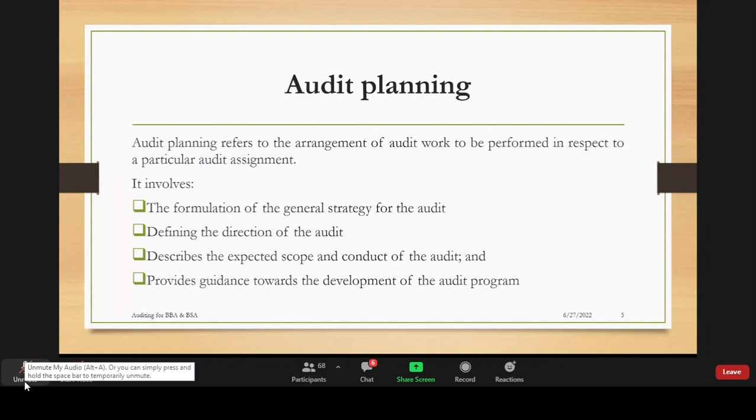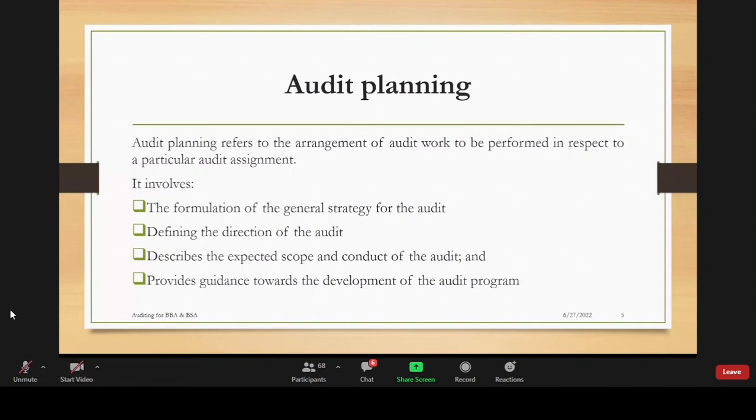Are you going to bring in an expert? Do you need an expert? Do you need to subcontract another audit firm to do a particular task for you? When you do all those, then you form what you call an audit program. Like, what am I going to audit first? How long is it going to take? Who is going to do it?